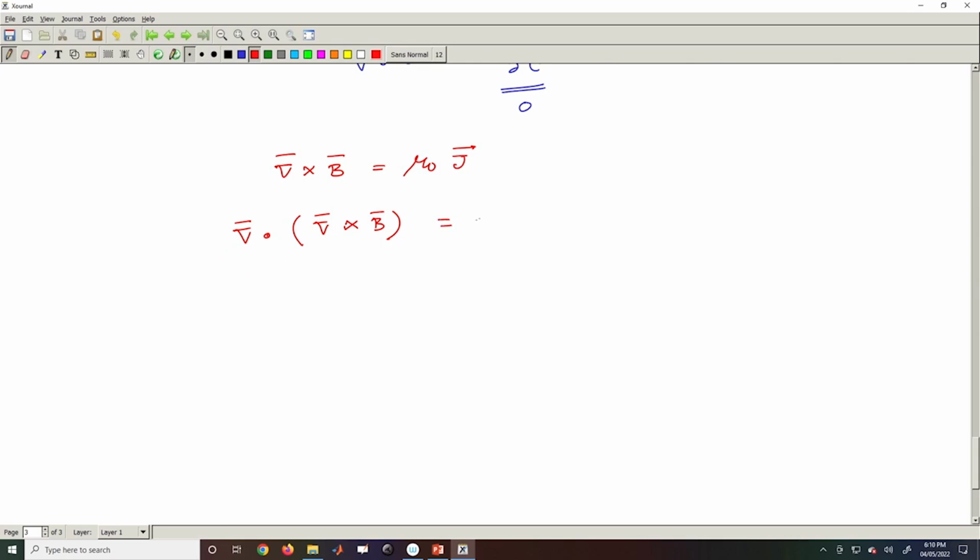What about the right hand side? On the right hand side, I have mu 0 divergence of J. Since the left side is unconditionally 0, this quantity has to be 0, always 0.